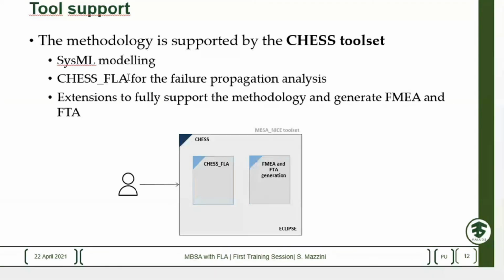And this module has been developed by Mälardalen University in collaboration with Intecs. And there are also some extensions to support fault tree, but we work in particular on extensions for FMEA generation and FTA improvement.